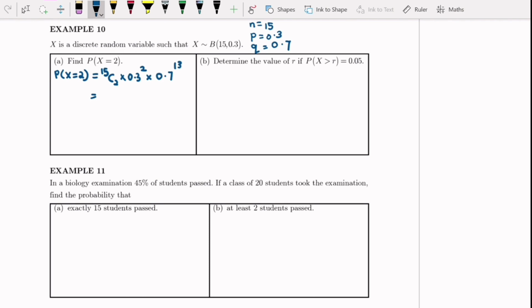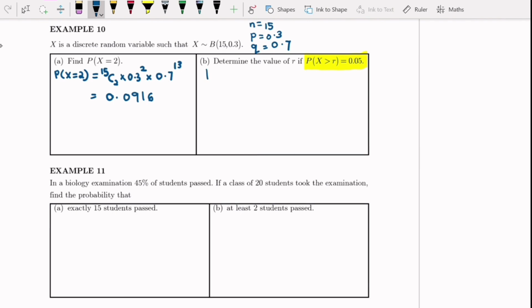So, the answer is 0.0916. Next, question B. Determine the value of r if probability X greater than r is equal to 0.05.